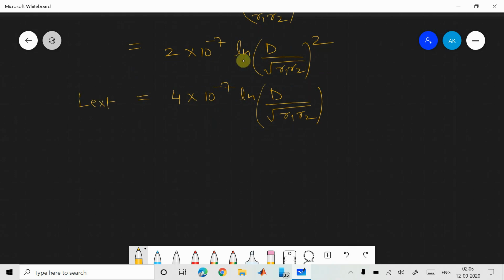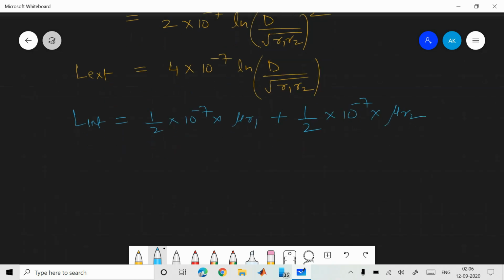What will be L internal? L internal for both the conductors, you will sum it: half into 10 raised to power minus 7 into mu r1 plus half into 10 raised to power minus 7 into mu r2.